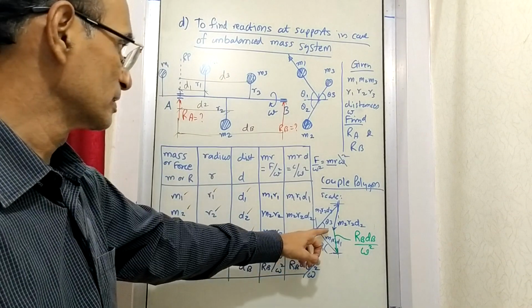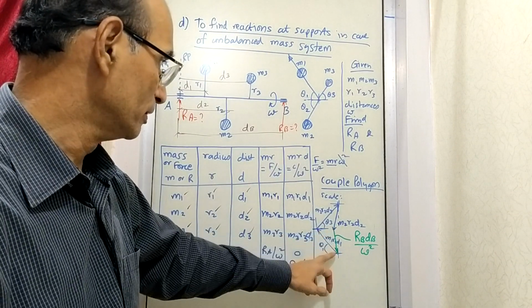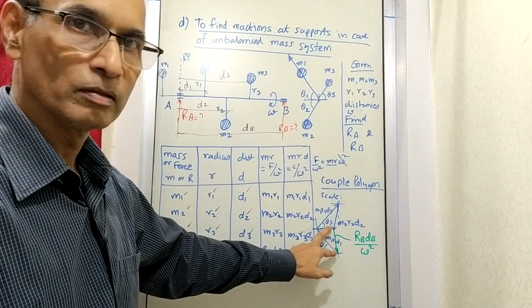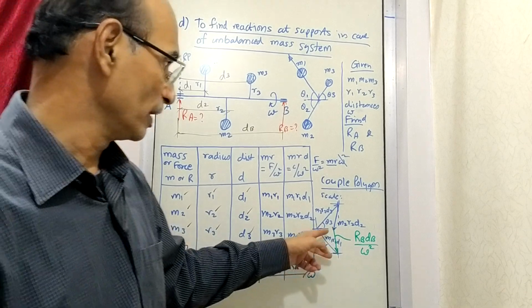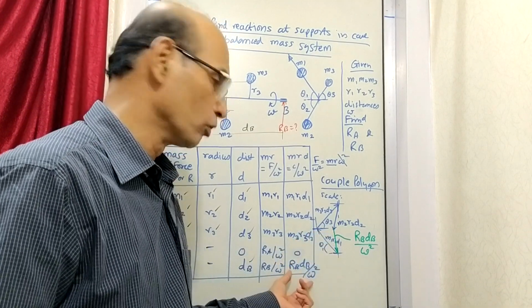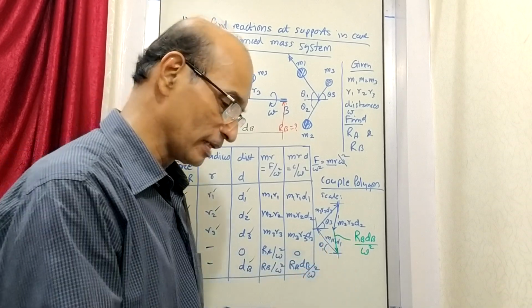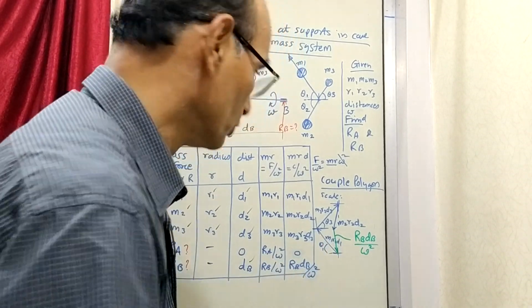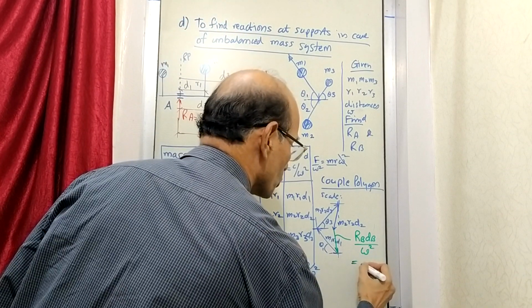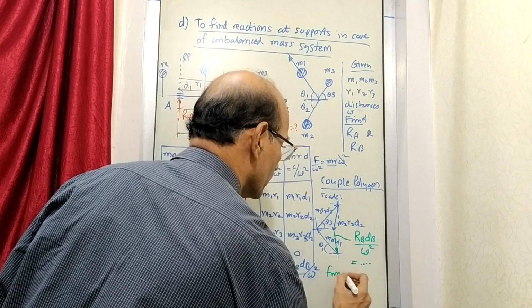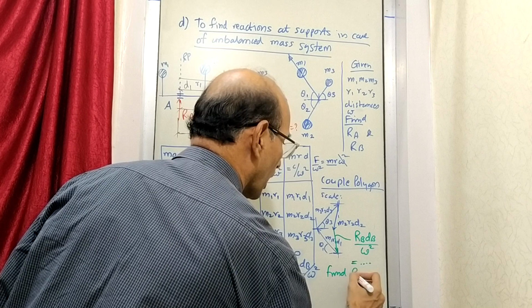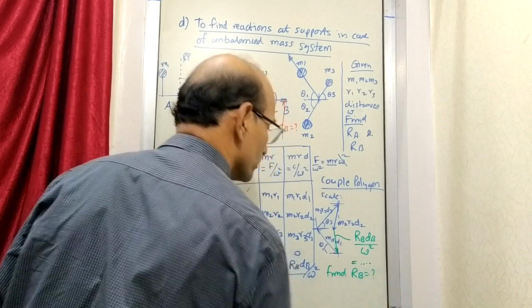Now having done this, this is drawn without magnitude. That means the length is there, but we don't know the individual values. So now what we do, we equate this with this length and try to find out the value. Since this answer is known, you can find RB equal to how much.